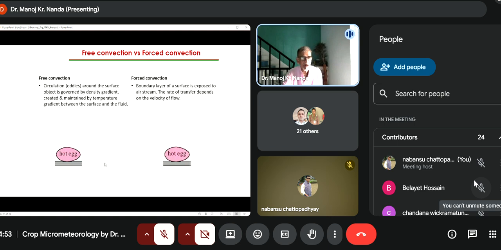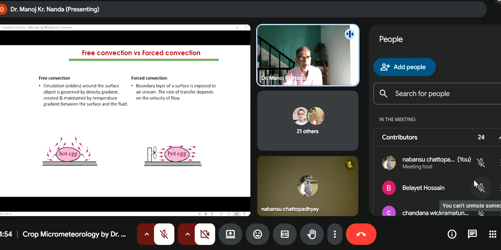Now just take an example of a hot egg here and a hot egg here. In this case, there is no fan. Around the hot egg, what will happen? The air near the surface is getting heated and it is going upward. When this air is going upward, surrounding air will come to replace it, and there is formation of eddies. There is an upward movement, but here no horizontal velocity is involved.